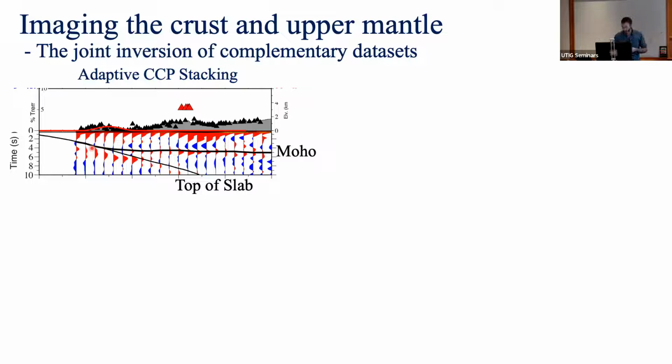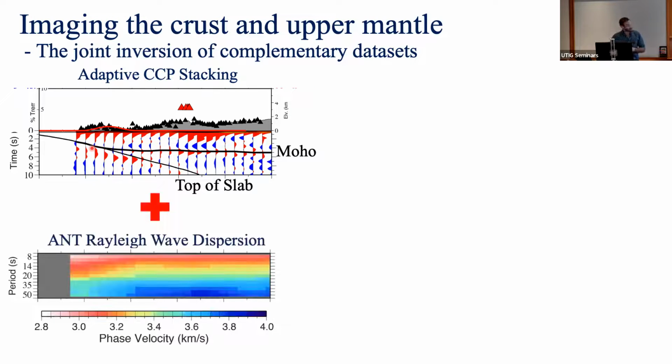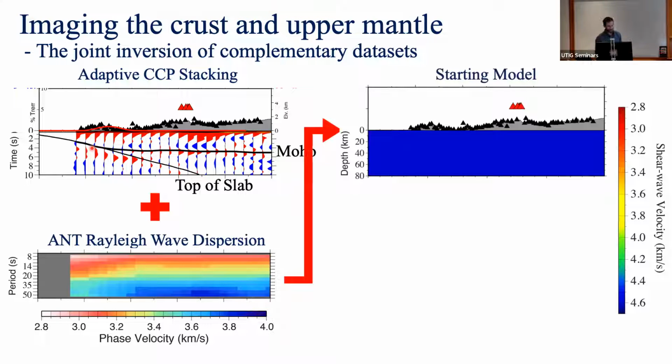So we can take this discontinuity model and combine it with our ambient noise Rayleigh wave derived dispersion data, and plug it into a starting model that's a simple half space, 4.5 kilometers per second down to the base of the model, discretized into 1 kilometer thick layers because that's about the theoretical resolution of the frequency content in the receiver functions that we're using, and impose no constraints on where structure should come from in this model.